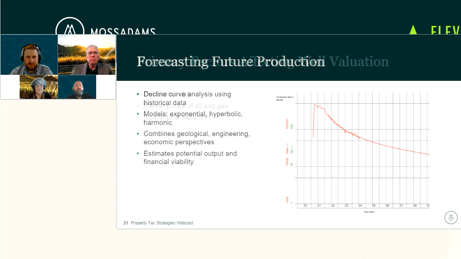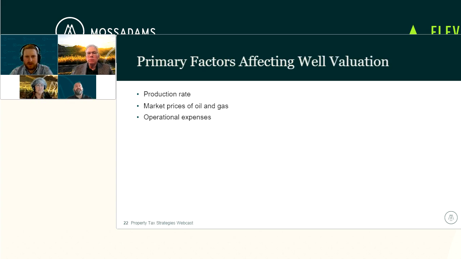So today we'll dive in on 3 primary factors that significantly influence the valuation of oil and gas wells. These are key areas for property owners and industry professionals to monitor closely. First is production rate, or the starting rate of production for oil and gas wells in Texas, and that significantly impacts property tax liabilities as it directly influences projected cash flows, which form the basis for assessed values.